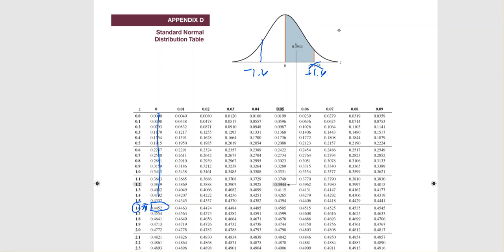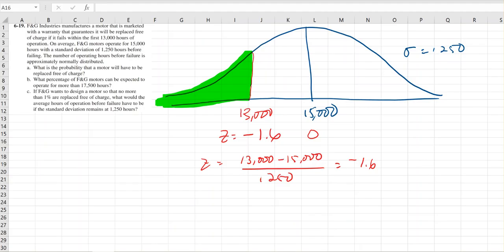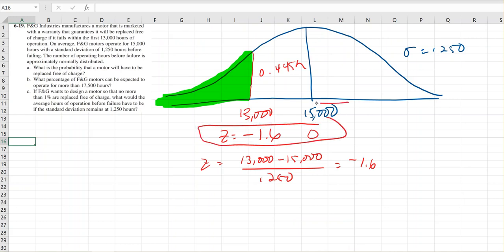So if that is 0.4452, then that is also 0.4452. So that's what we need. So let's go back. So I know that this is 0.4452, right? And these are equivalent.